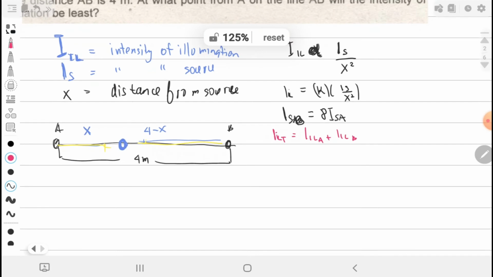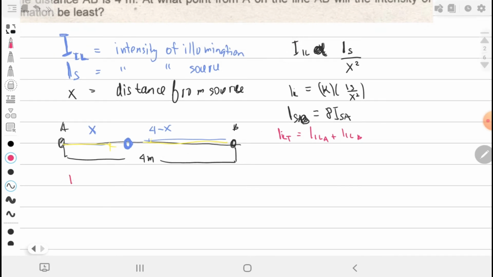So note that our IL of A is equal to, of course, K, this equation, multiplied by SA, or the intensity of our source, divided by the distance, X squared. Okay?